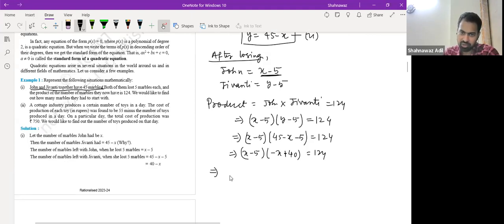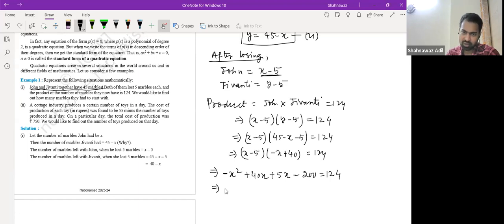So this would be how much? X into minus X, how much? Minus X square, right? Then X into 40 is 40X, and minus 40X minus 5 plus 5X and minus 200 is 124.